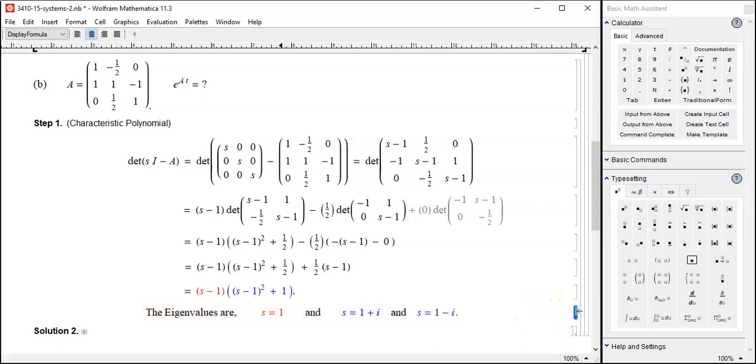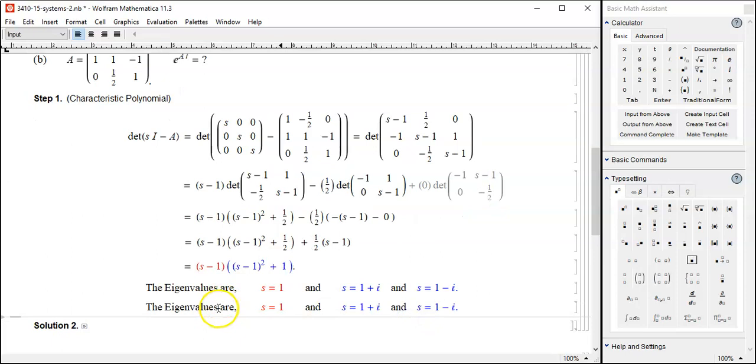And then as for the eigenfunctions, from here I'm gonna get e to the 1t, lambda value is 1, so that's my red, that corresponds to s equals to 1, and this one is gonna be e to the t power cosine of t, e to the t power sine of t. It's better this way than getting complex values and then having to get those back to real later on.